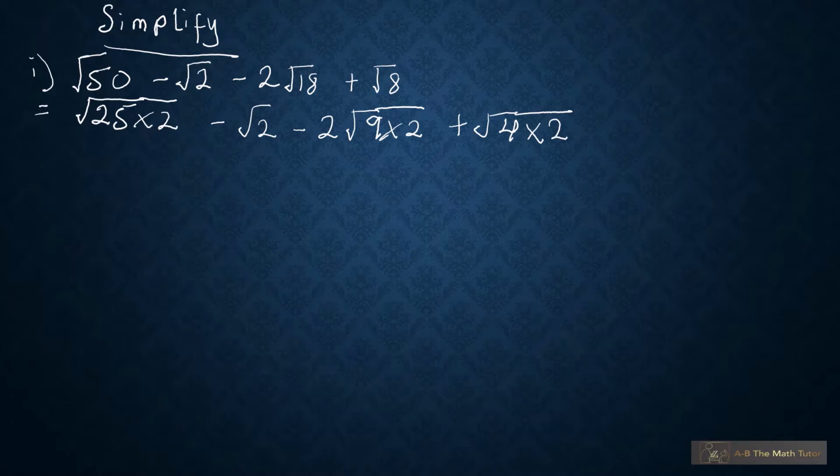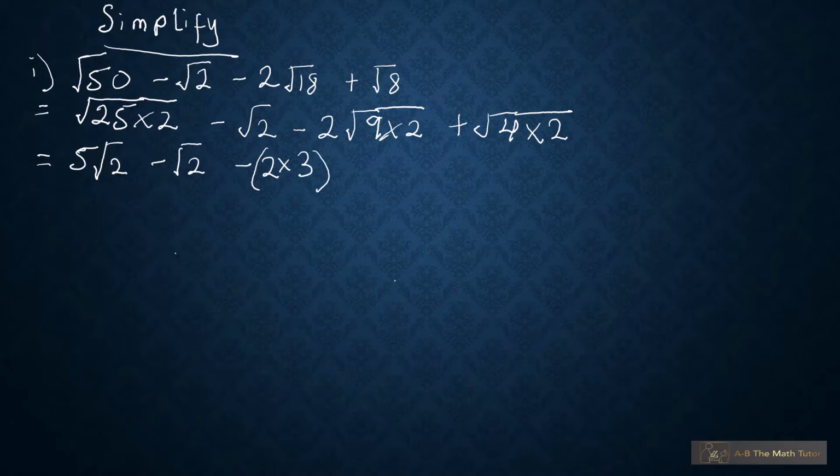We can further simplify this by knowing that the square root of 25 is 5 and the square root of 2 is root 2. And you have your minus root 2, minus 2 times the square root of 9, which is 3.